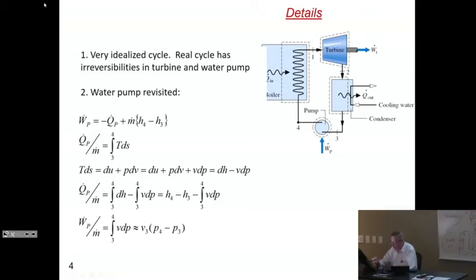We prefer to do it that way because the specific volume doesn't change much with pressure. It's an incompressible fluid, but we can find it. It's a saturated value, the value for the saturated liquid. And these are things that are very well known because they are very large differences, because it's the difference between the inlet pressure of the turbine and the outlet pressure of the turbine.